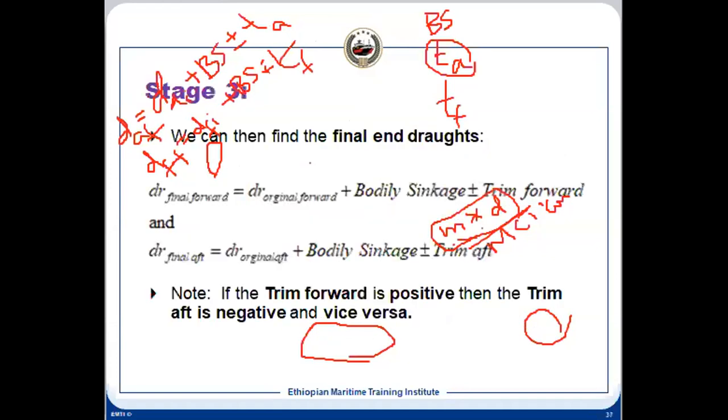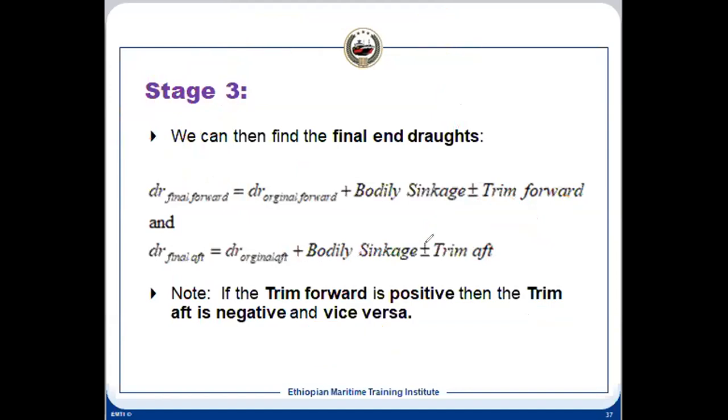The final draft forward is the original draft plus the bodily sinkage plus or minus trim forward, and the final draft aft is the original draft plus bodily sinkage plus or minus trim aft.